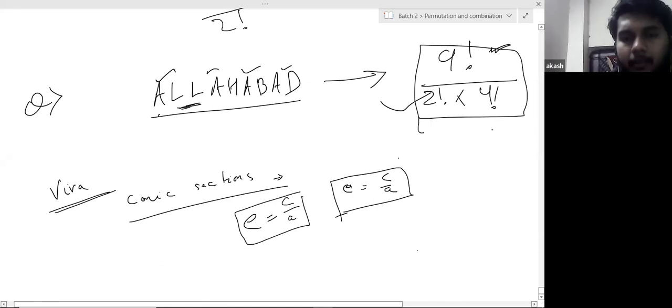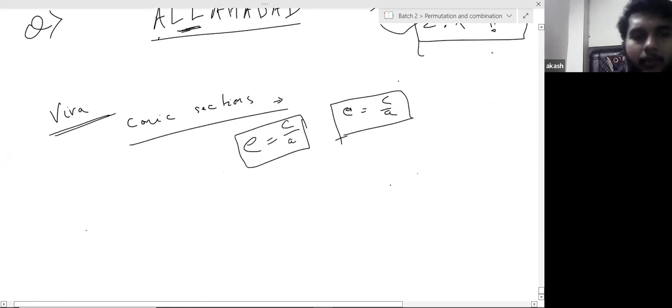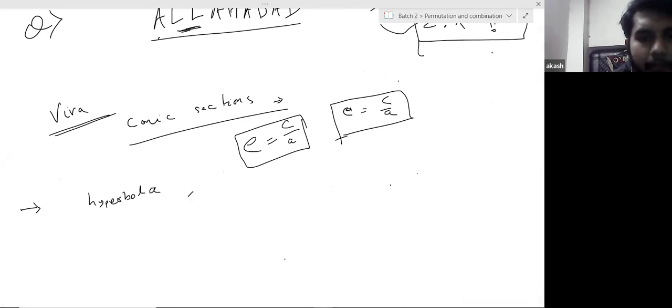All right. So let's try a few questions. Everyone has to solve this and send the answer in the chat directly to me. What is the eccentricity of the hyperbola whose vertices are plus minus 2 comma 0 and foci are plus minus 3 comma 0?